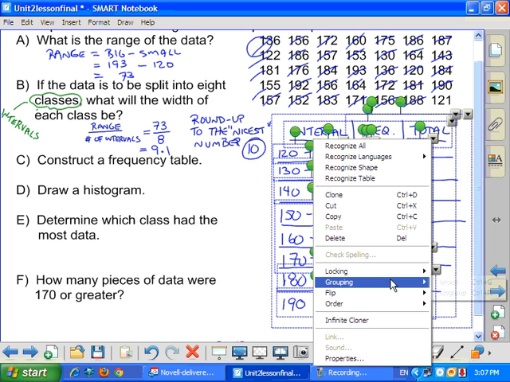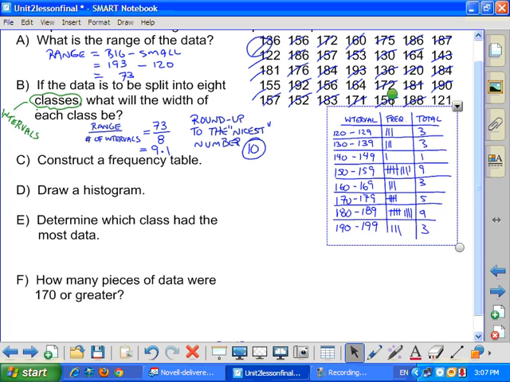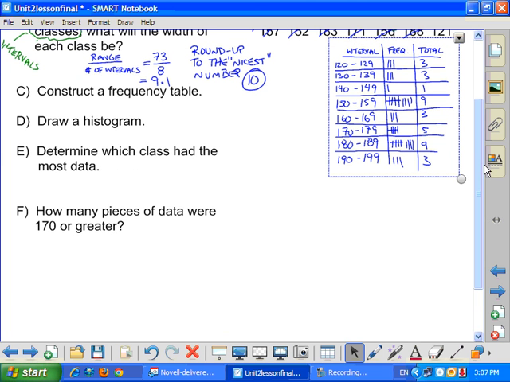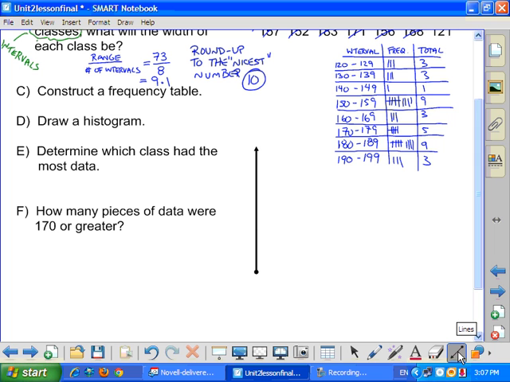So what's different from the histogram you drew yesterday? The answer is not much. The only thing that's different is our bottom axis, and I'll show you why. If I draw my axes, across the bottom is going to be our interval, and again, it's always frequency up the y-axis.